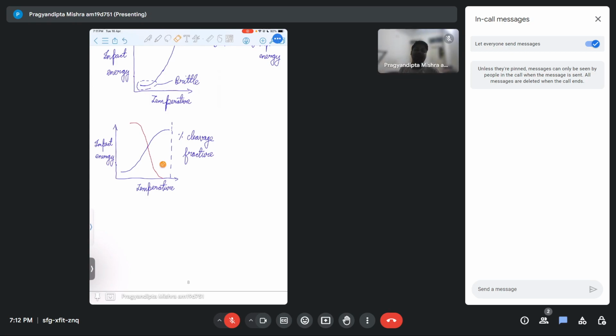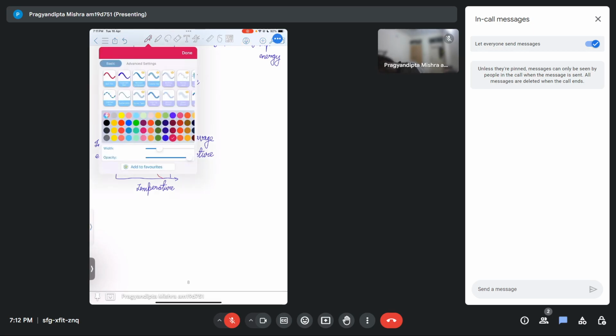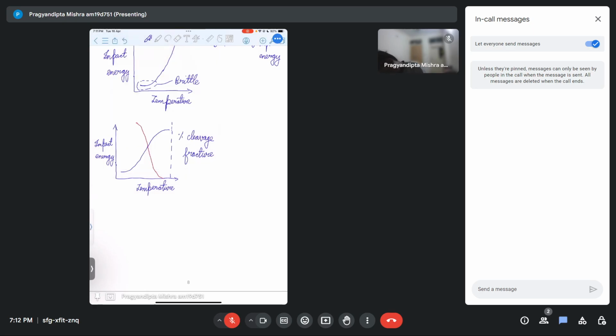This is where the probability of brittle fracture is negligible. Here you will only see ductile fracture. So beyond T1, only ductile fracture is what we will see.